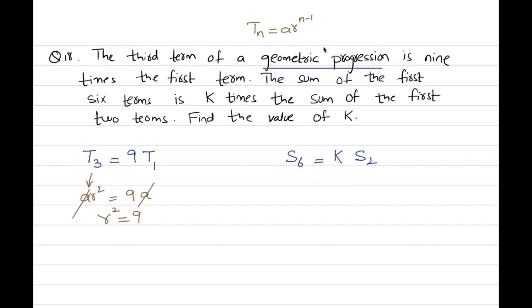And I'll go to the second equation. What is S6 going to be equal to? What was the formula for Sn? The formula for Sn was a times (1 minus r to the power of n) over 1 minus r. So as per this formula, how are you going to evaluate S6?